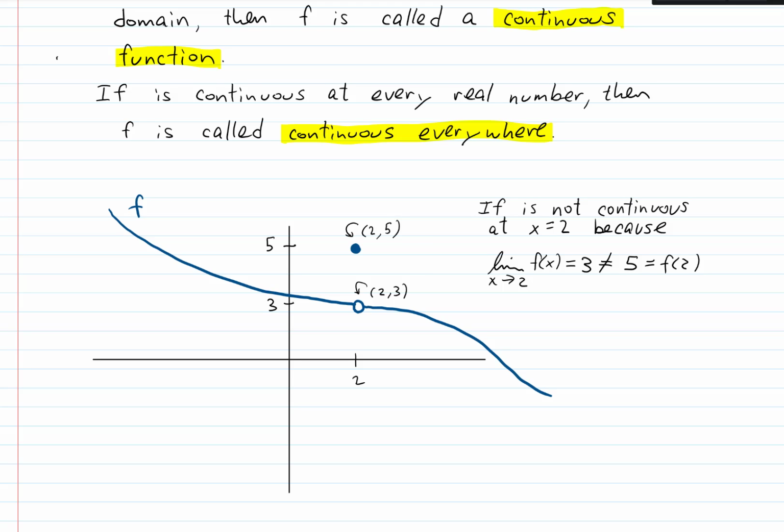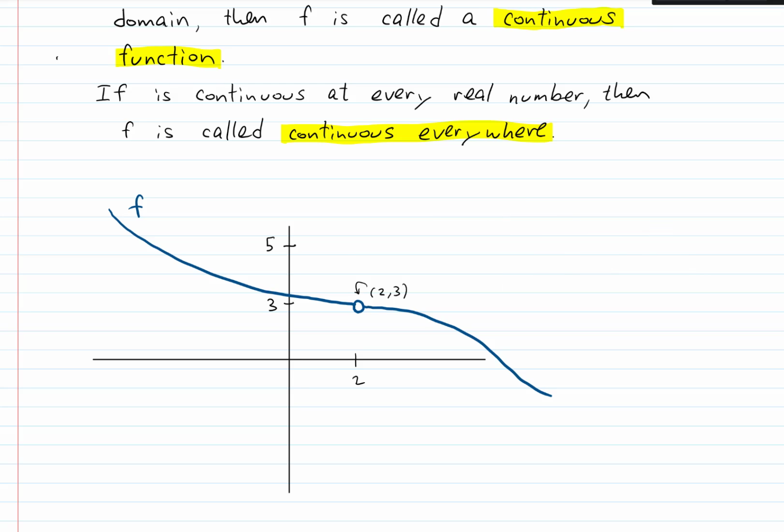Now, I'm going to erase that point. I'm going to change the function now. Now, I ask you the question. Is this function f continuous at 2? The answer is, it's a faulty question. It's neither continuous nor discontinuous.